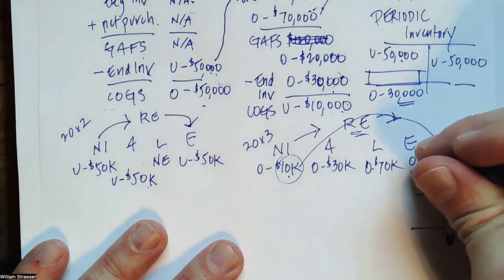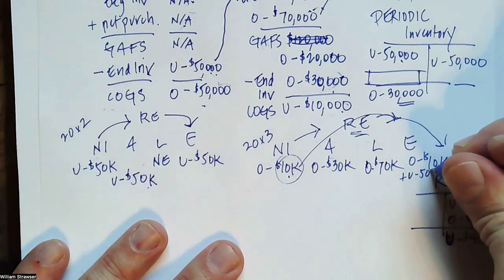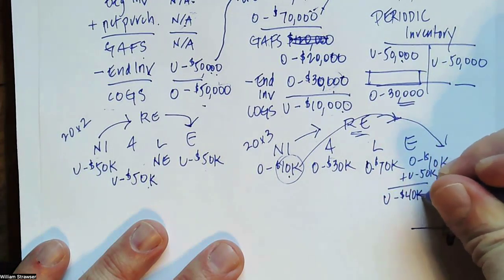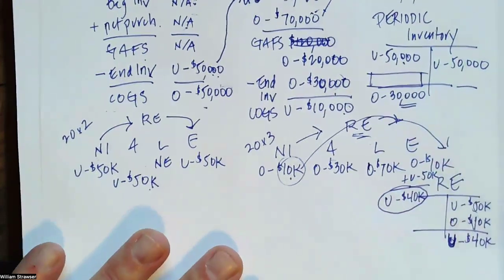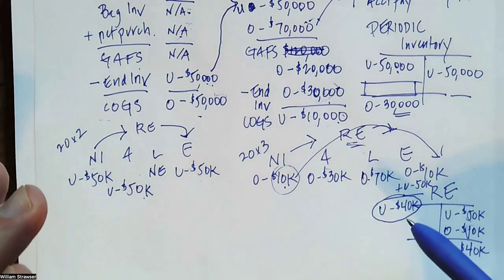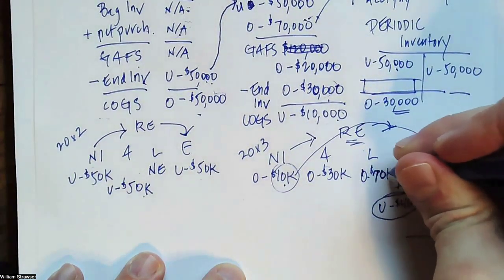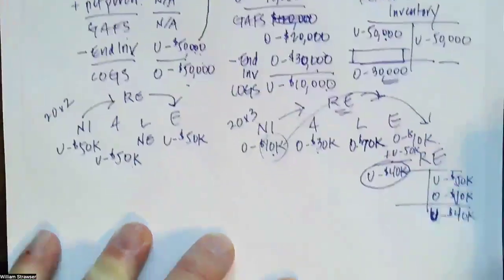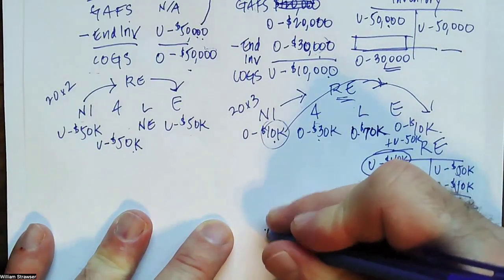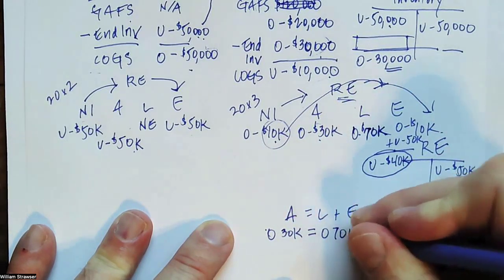So the overall understatement, when everything is done and I add in this prior understatement, is understated by 40,000. And if you didn't remember to include that effect, the way that you should think about it is that prior to this, if we look at the direction of our errors in A, L, and E, A equals L plus E. If something is overstated by 30K, that has to equal the error in the overstatement or understatement.